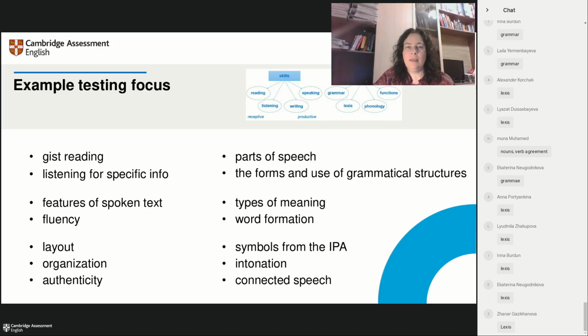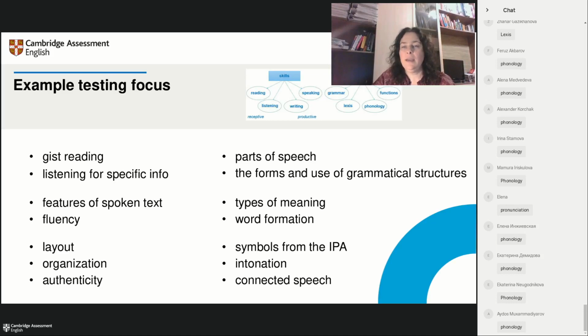The last area here, I'm giving you some examples of what phonology might be about. Yes, good. So you need to be able to understand the phonemic symbols, to read them, and to identify which is right, which is wrong. You need to know something about the features of connected speech, like linking, for example, and some intonation patterns.